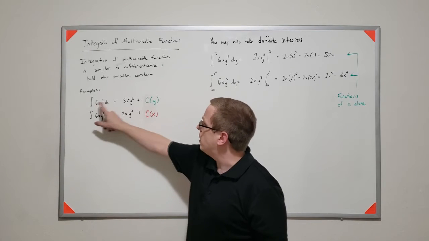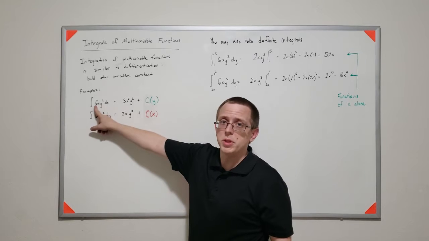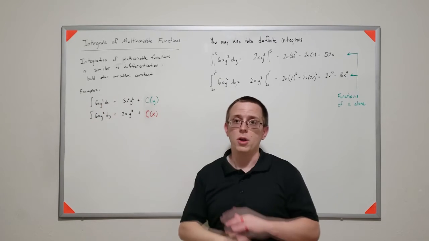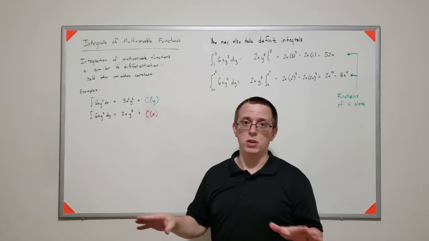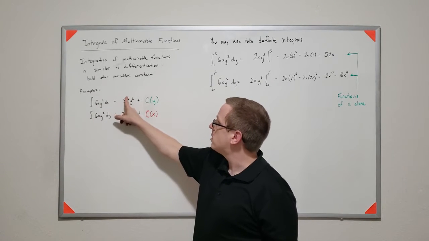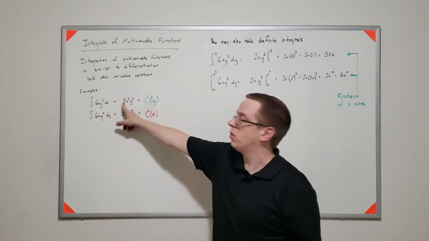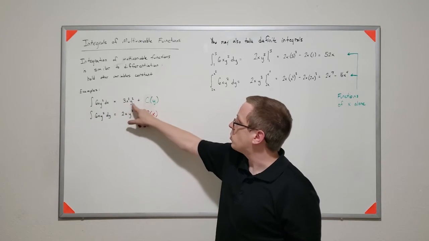But if we integrate this function with respect to x, for practical purposes, the 6 and the y squared are constants. So what we do is we add 1 to the power of x, and then we divide by that power. So instead of the 6, that divides by 2 into 3. So we have 3x squared y squared.